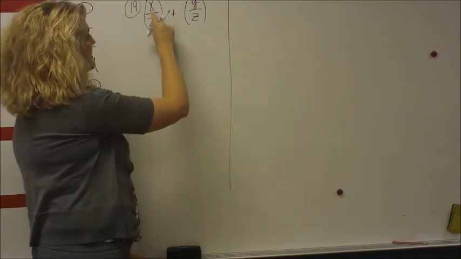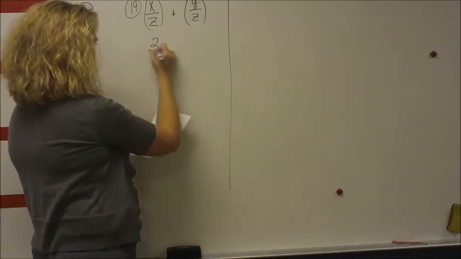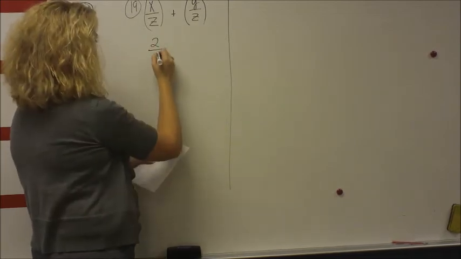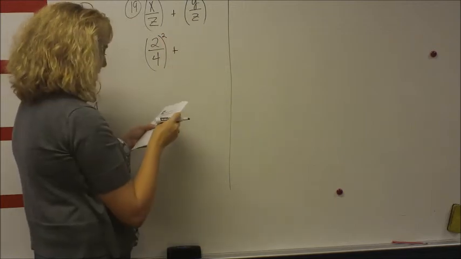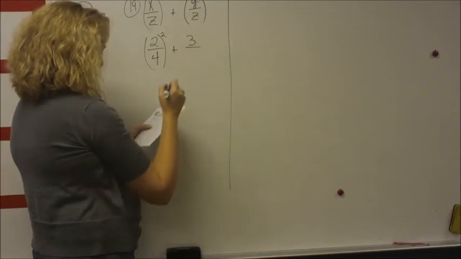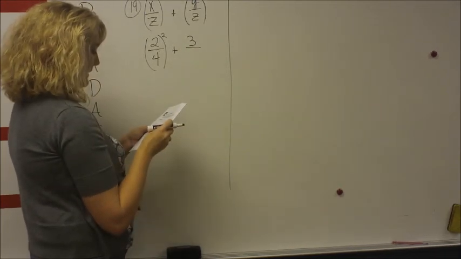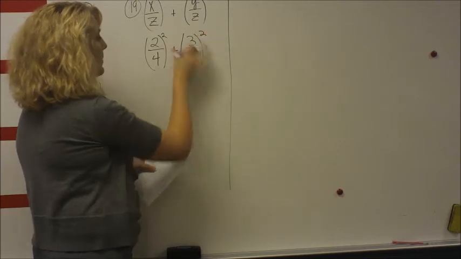Okay? So we have to square x over z, which is 2 over 4. Got to square that. Plus y over z, which is 3 over 4. Okay, we got to square both of these.